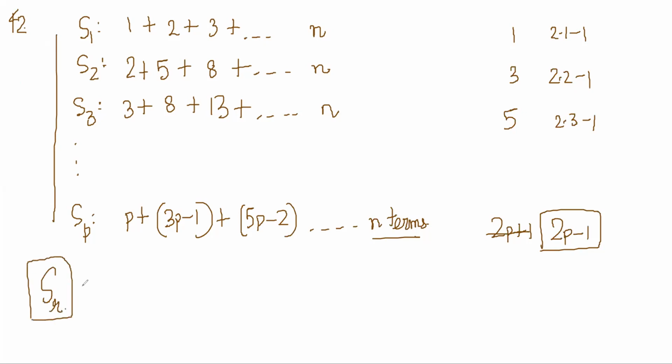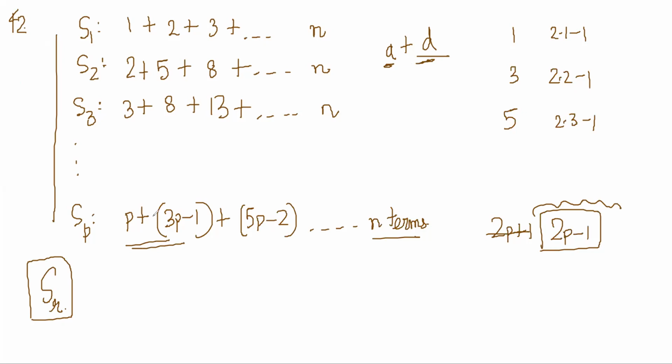How do we find the second term of the P-th AP? The second term will be the first term plus the common difference. The first term was p, and the common difference is 2p minus 1.